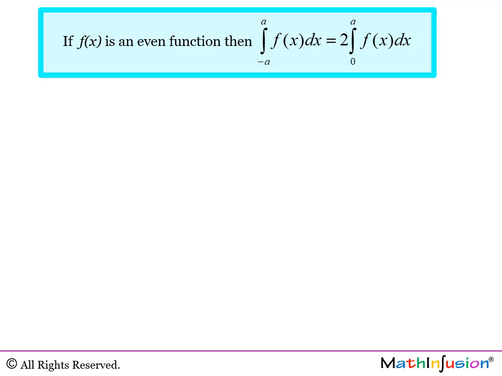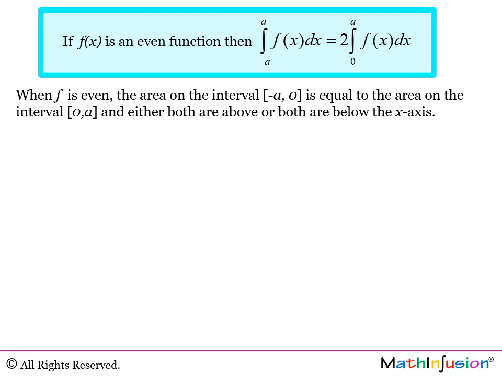What happens if f(x) is an even function? Then, here it is. The integral of f(x) dx between negative a and a equals 2 times the integral of f(x) dx between 0 and a. When f is even, the area on the interval negative a and 0 is equal to the area on the interval 0 to a, and both are above or both below the x-axis.